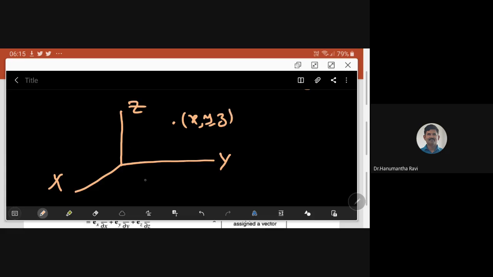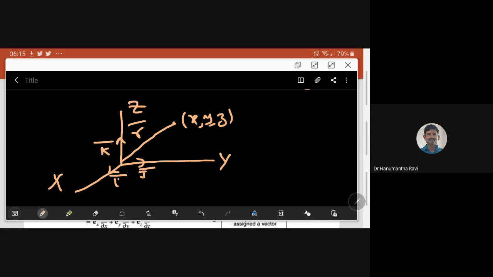This is the vector we are talking about, r bar, and you can think about the unit vectors along the x-axis, y-axis, and z-axis. This is usually represented by i bar, or e x bar, and this is j bar, and this is k bar. This is how the representation will be.